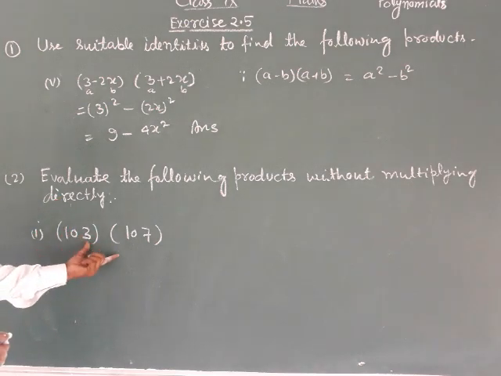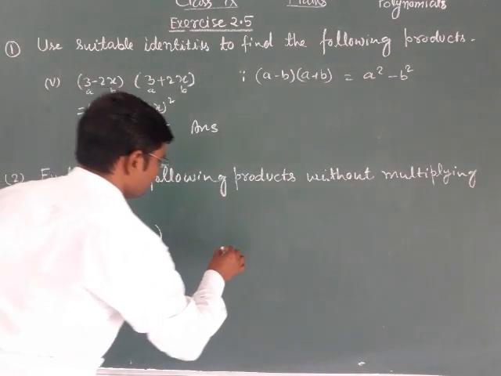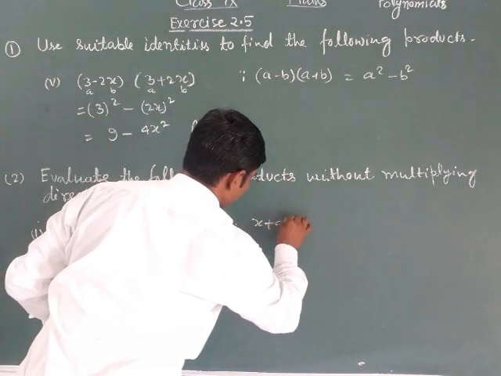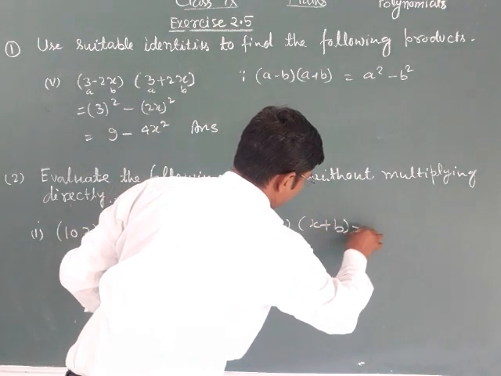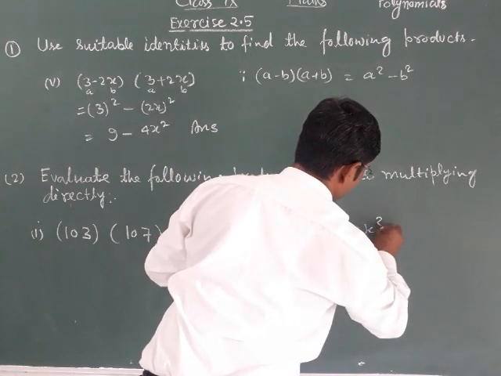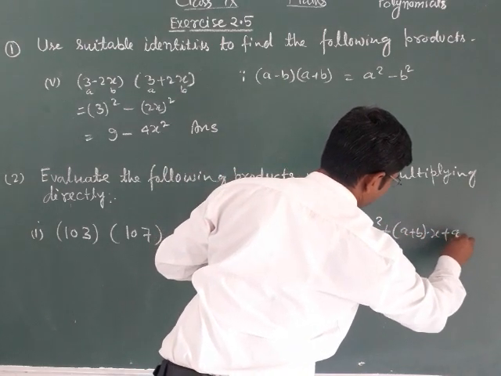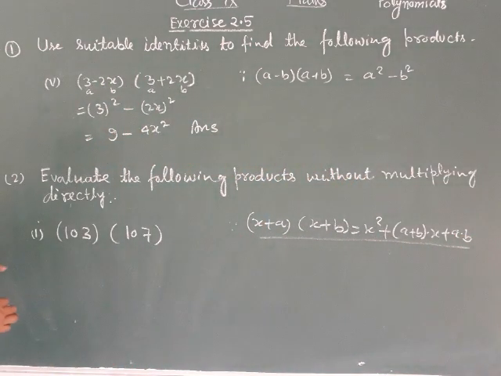And question number 2: evaluate the following products without multiplying directly. Find the value of these brackets, their product. Since we know that (x + a)(x + b) is equal to x square plus (a + b) into x plus a into b, use this identity here.